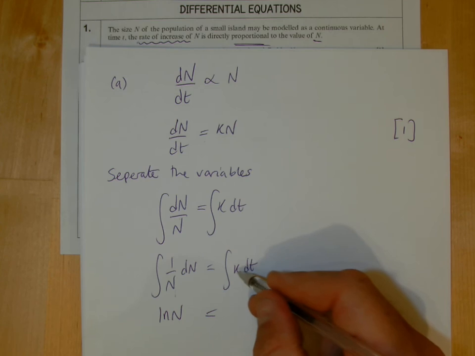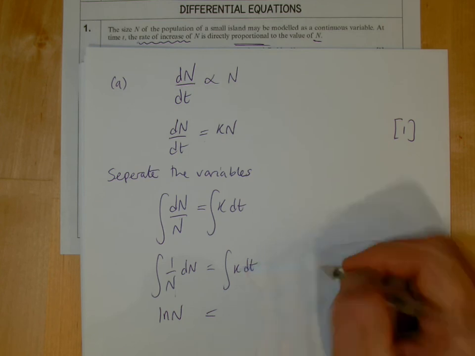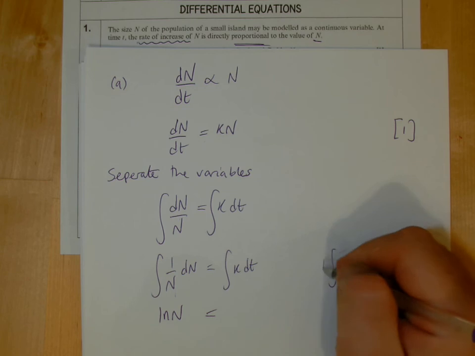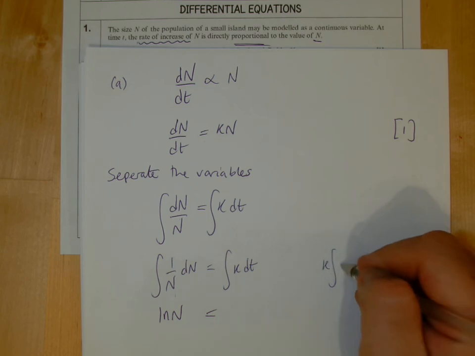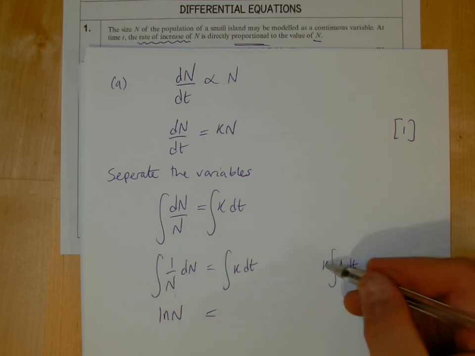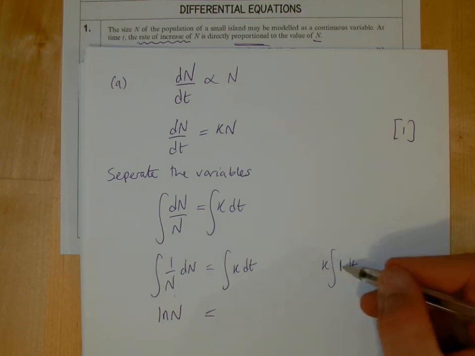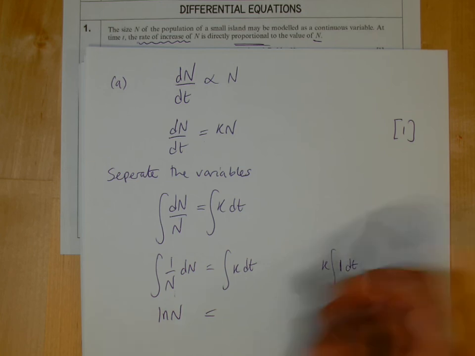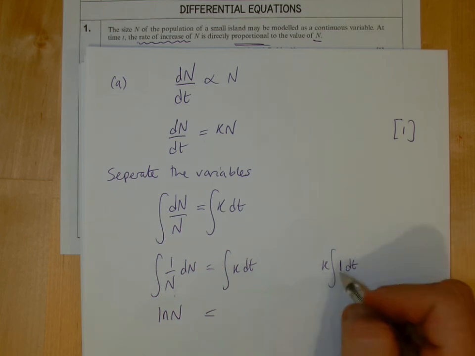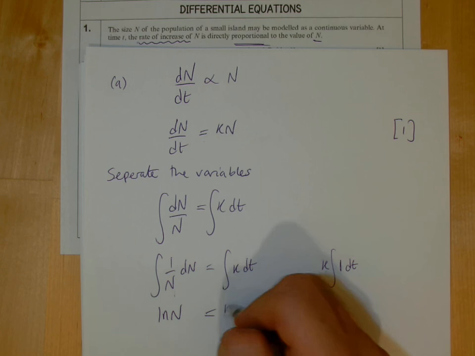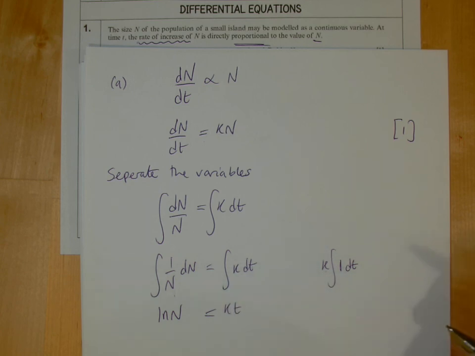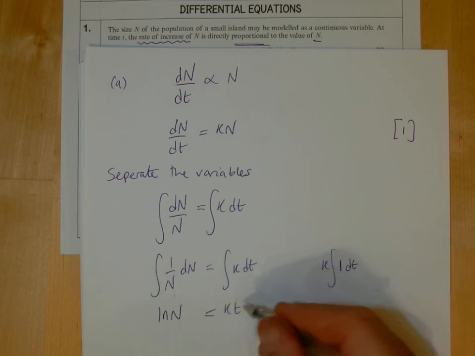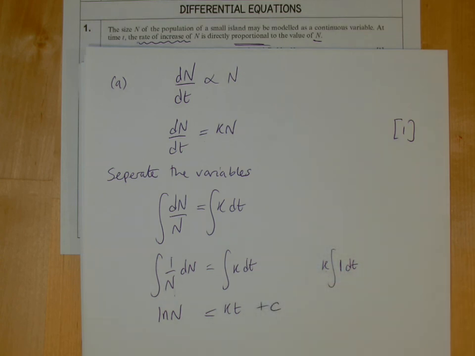Now when you integrate it, remember k is just a constant, so we could even have taken it outside of the integral and just had 1 dt. If you integrate 1, it just becomes t, and you've got k there next to it. So you've got kt, integrated there. And of course, don't forget your plus c, your constant of integration.